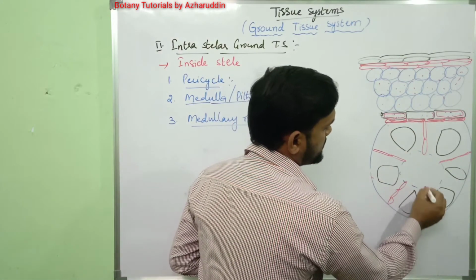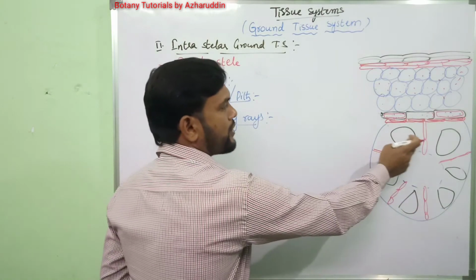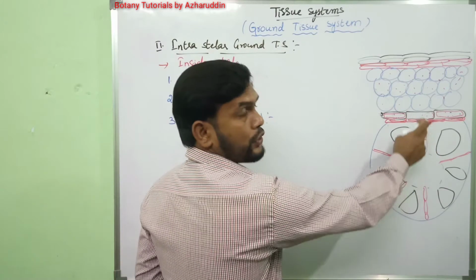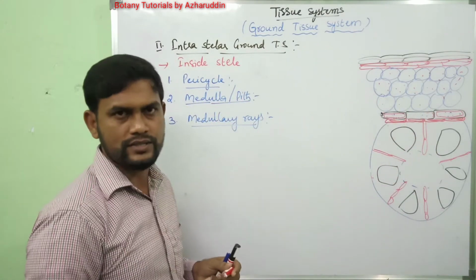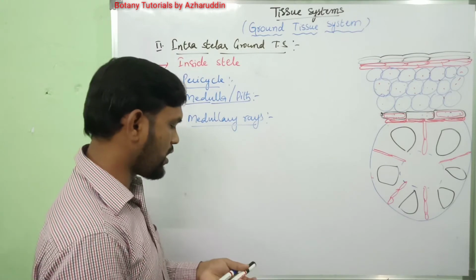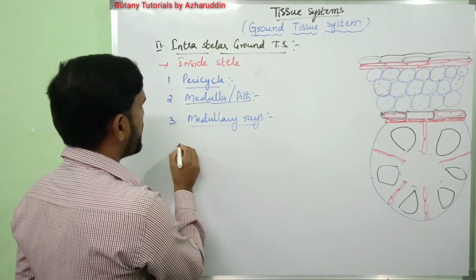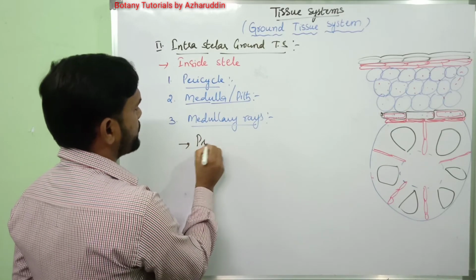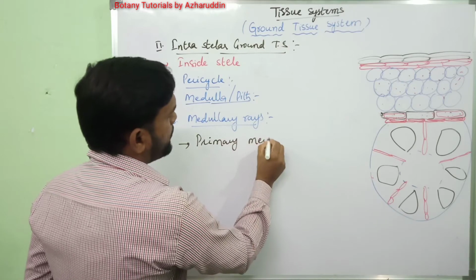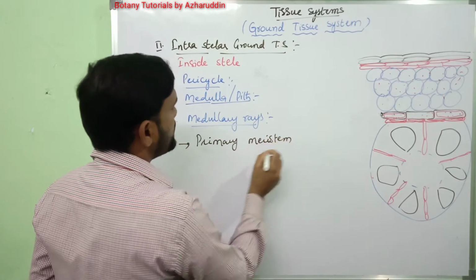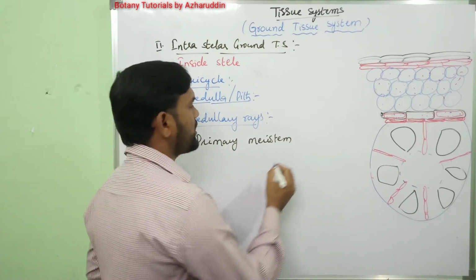Understand? These ground tissues extending between the vascular bundles from medulla to cortex are called medullary rays. These medullary rays originate from the primary meristem, so they are also called primary medullary rays.